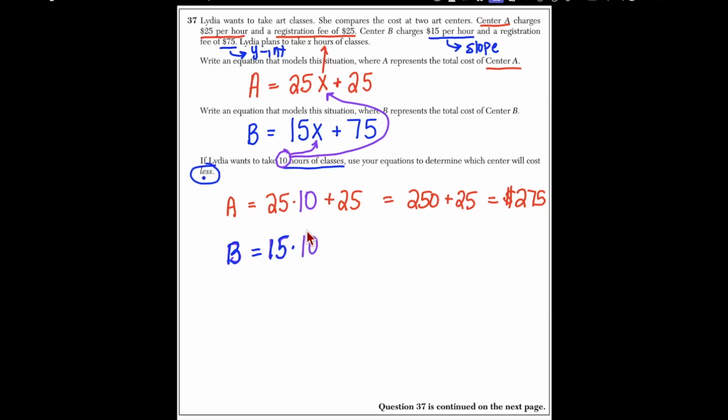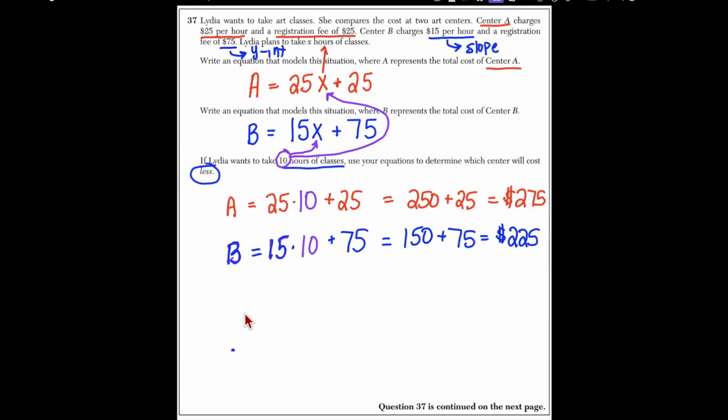And then I'm going to add on $75. So the main thing here is attention to detail. Make sure that you're not mixing up the numbers from the different equations. Again, I can stick this into a calculator. 15 times 10 though is 150. 150 plus 75 is going to get me to $225. So right away here, I know the answer is center B.